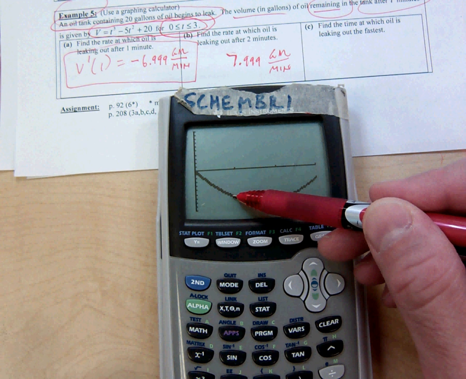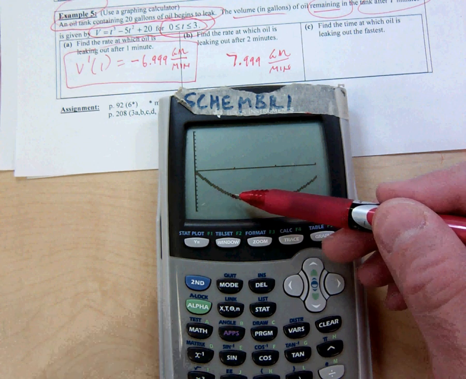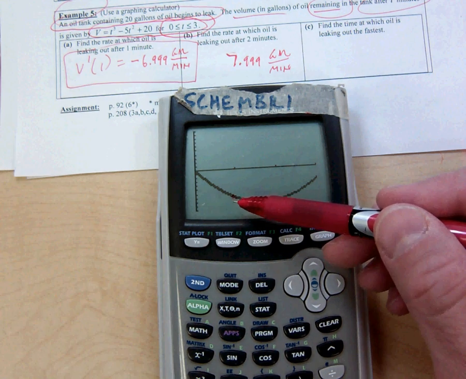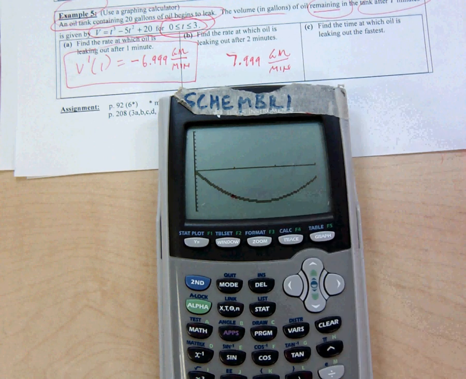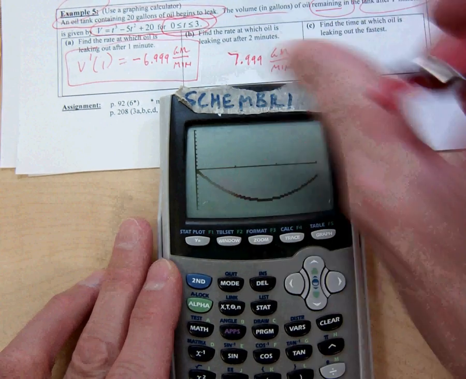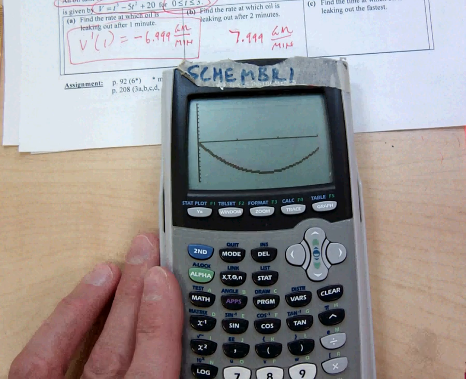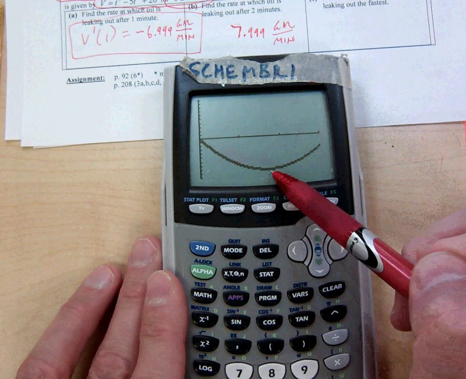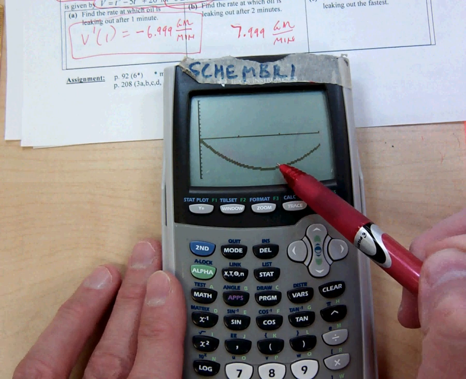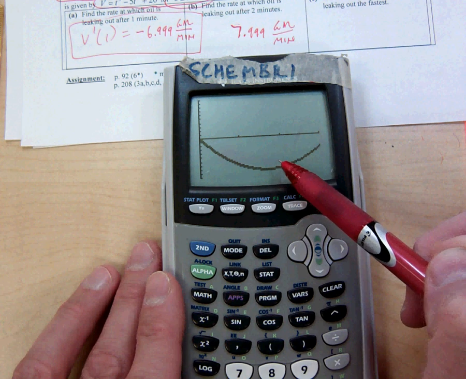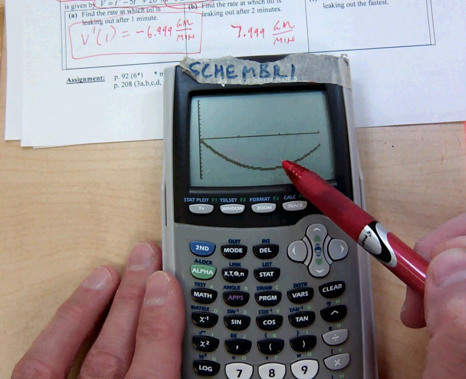How do I know it's leaking out at that time? Because it's got a negative v prime. What do I mean by negative v prime? V prime is below the x-axis. Are you following this? Okay, so clearly then, oil will be leaking out the fastest at the bottom of that valley, because that's where you have the lowest negative rate of change of the volume.